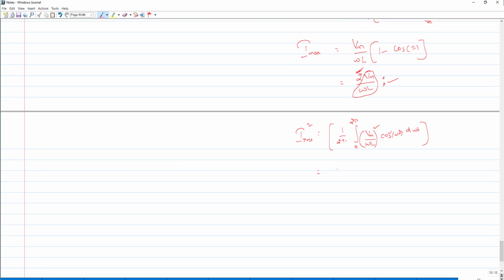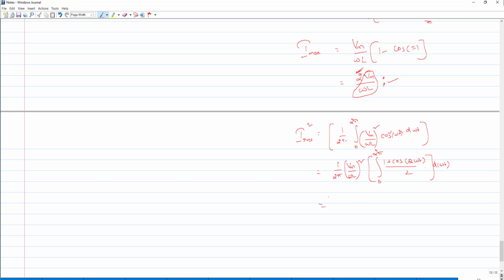Now if you do this analysis, 1 by 2 pi times Vm by omega L whole square, integral of cos square, which is 1 plus cos 2 omega t by 2, integral 0 to 2 pi, d omega t.